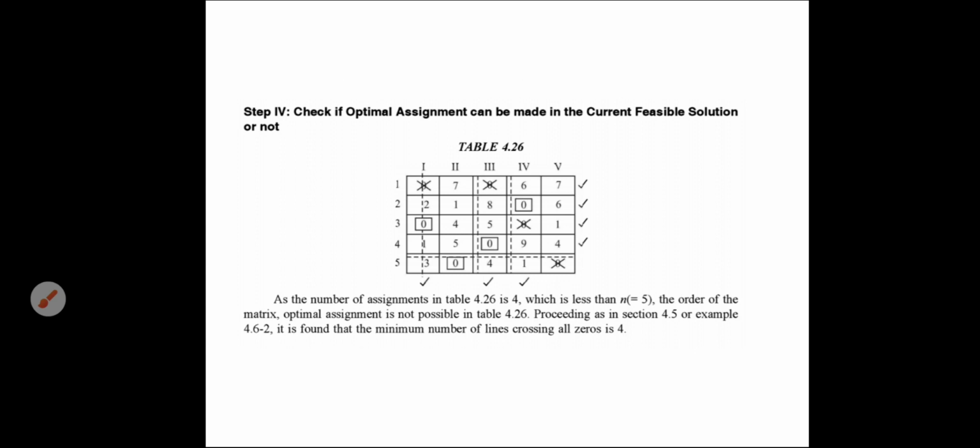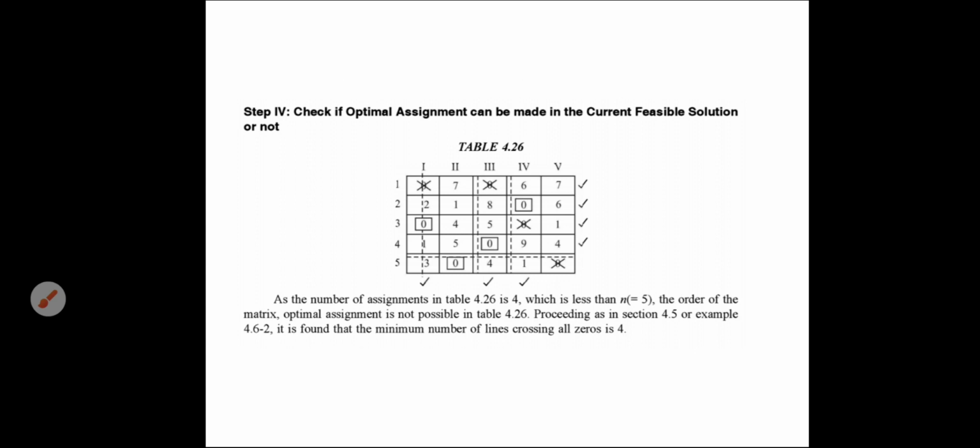In the first column, find where there is assignment. The third row has an assignment, so mark the third row. Then in the marked third column, find the assignment. The fourth row is marked. In this way, the first, second, third, fourth rows and the first, third and fourth columns are marked.